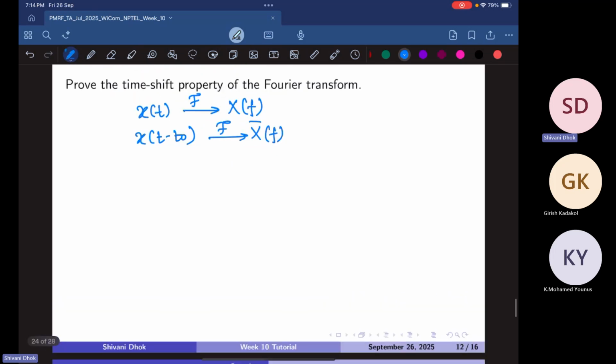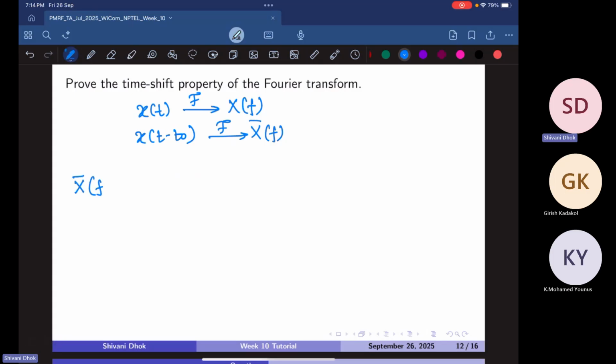By definition of Fourier transform, this x bar of f is given by integral from minus infinity to infinity x of t minus t naught into e power minus j 2 pi f t dt.